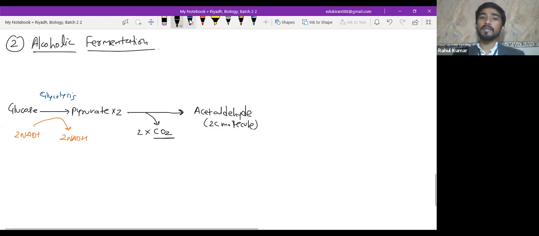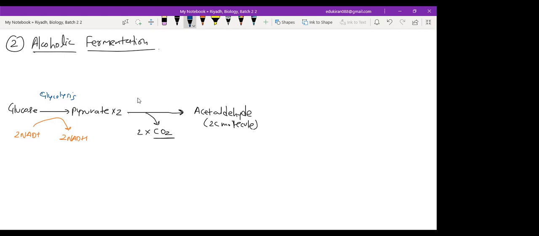Now, if we are losing carbon, losing CO2, so when we remove carbon, we call it decarboxylation. We are doing decarboxylation. We are removing carbon, just like dehydrogenation. So for dehydrogenation, we use the enzyme dehydrogenase. For decarboxylation, what will be the name of the enzyme? Any guesses? Decarboxylase.